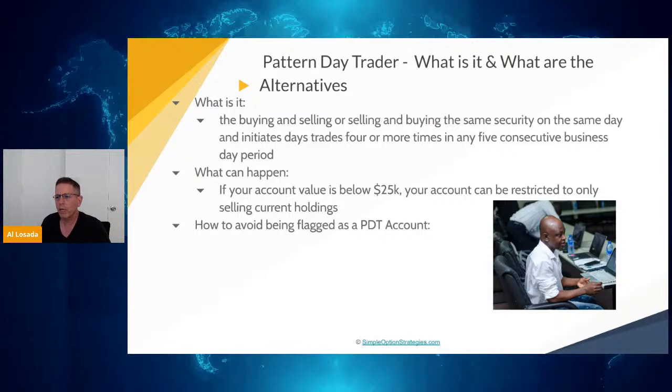Most traders really are trading with less than 25,000, so you want to be aware of this. You don't want to be flagged as a PDT account, and how do you avoid this? Number one, if you're trading zero DTE for the SPX, it's mostly 3 times a week, except under certain circumstances where there are extra days given, like end of month, end of quarter.